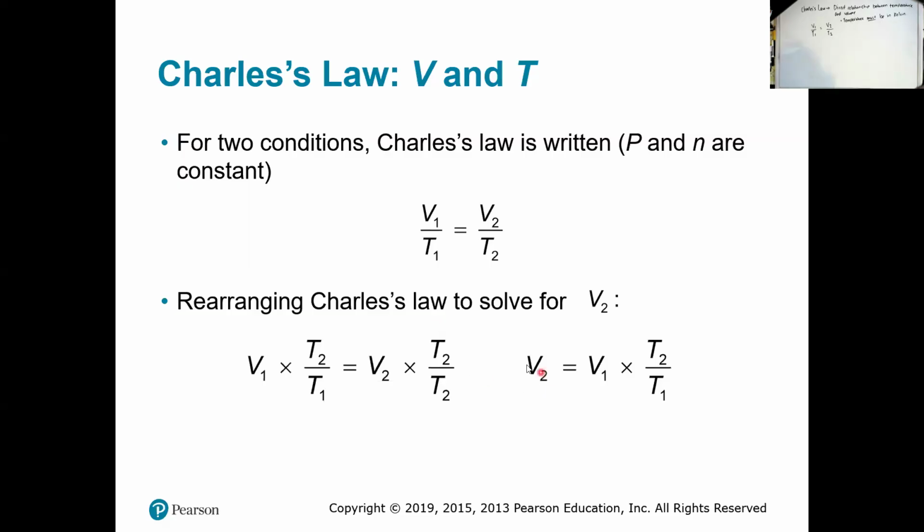So what does that give you? Volume 2 is going to be equal to volume 1 times temperature 2 divided by T1. This part is just a little bit of algebra, but you want to be comfortable solving for whichever of these variables is the missing one.